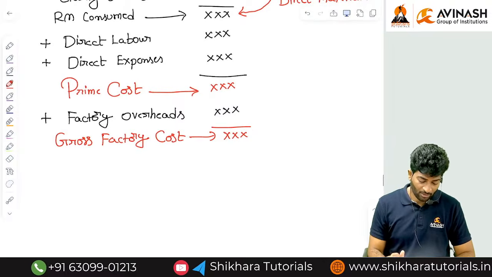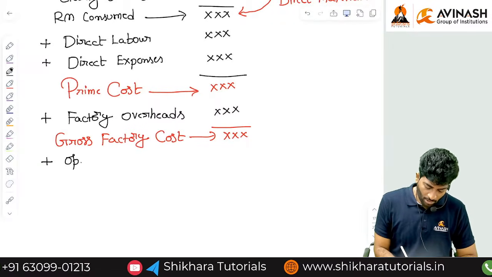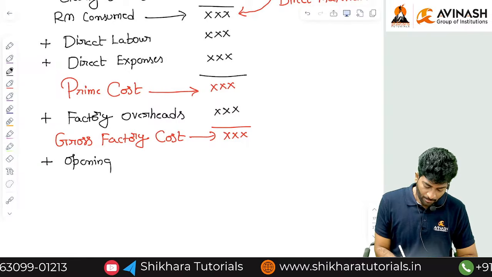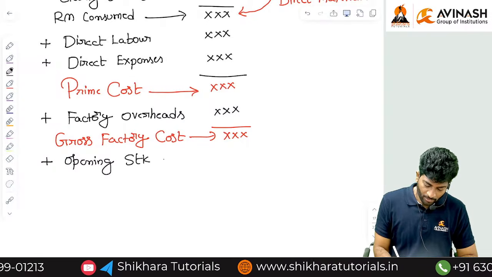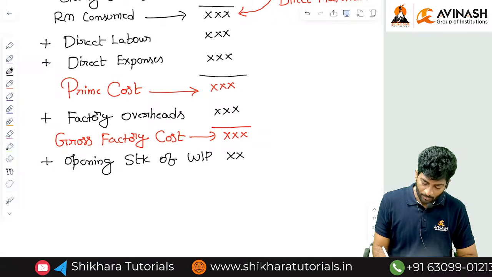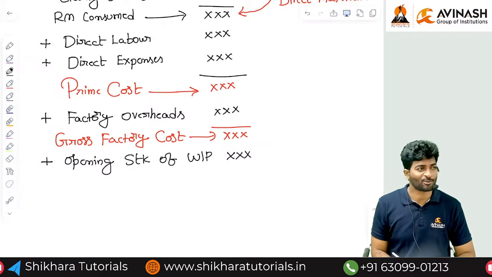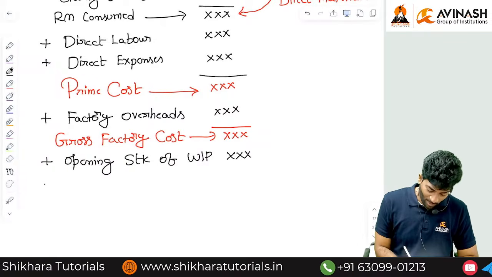After gross factory cost, add opening stock of work in progress. Minus closing stock of WIP.